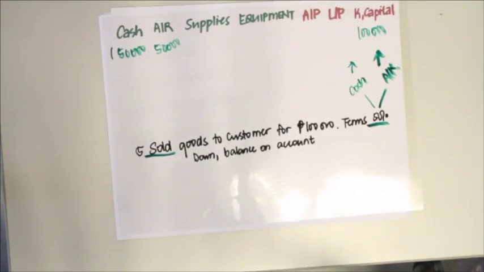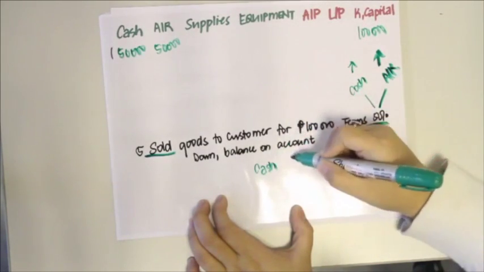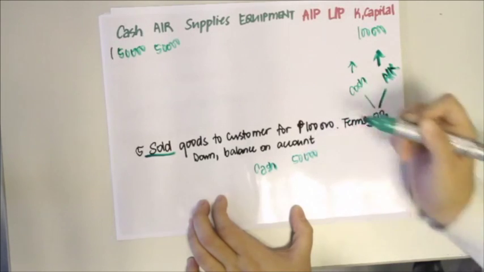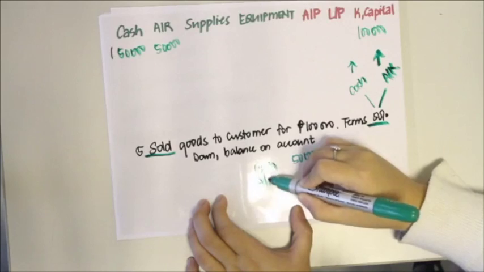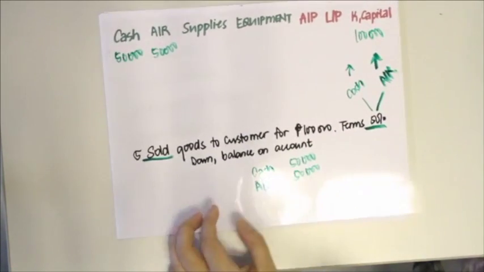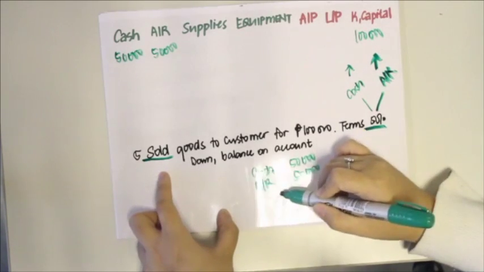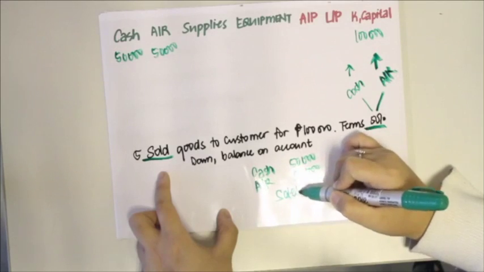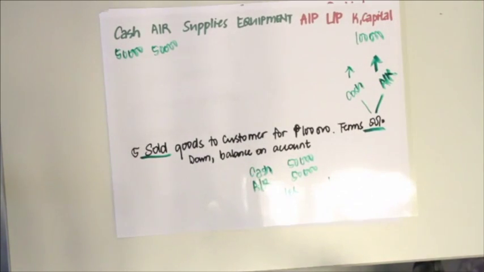So since there was an increase in cash, you debit cash for 50,000. An increase in accounts receivable, so you debit accounts receivable for again 50,000. And then since you have a sale which has a normal credit balance, you credit sales for 100,000. And there you go, that's the entry. Very easy.